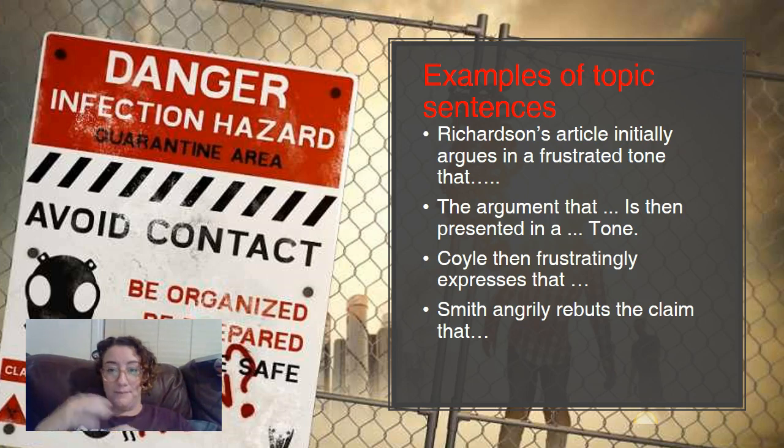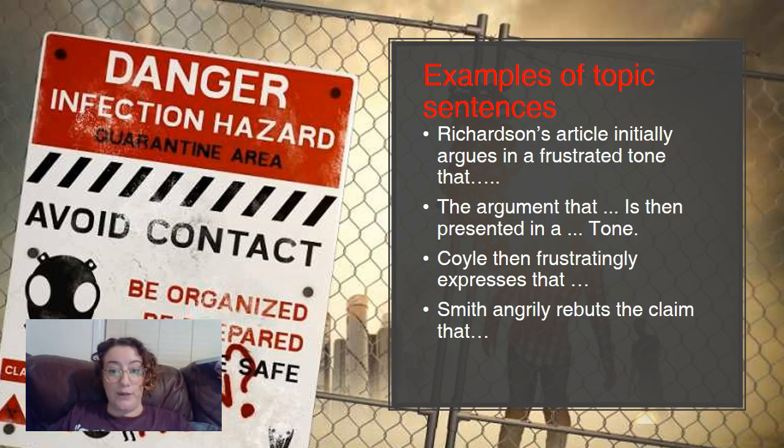I've got one pretending like I've written an article. Richardson's article initially argues in a frustrated tone that blah, blah, whatever I argue, okay? The argument that pink socks are delightful to wear is then presented in a light-hearted tone.